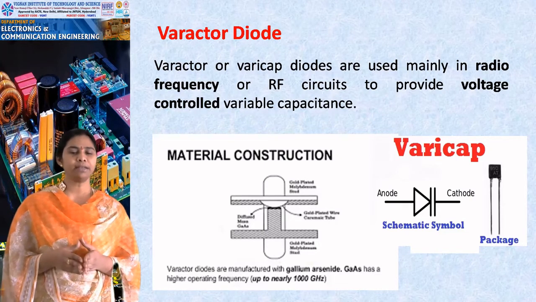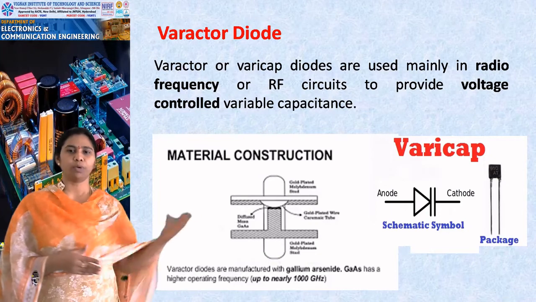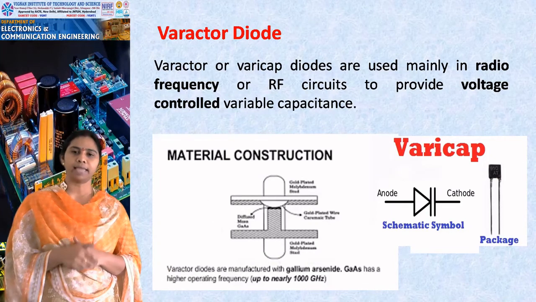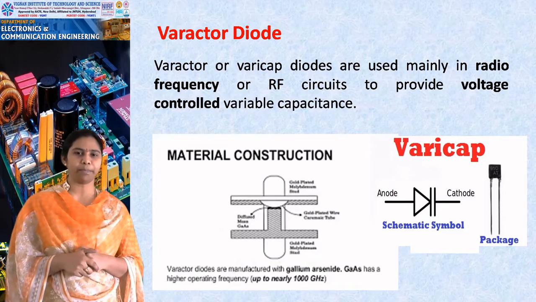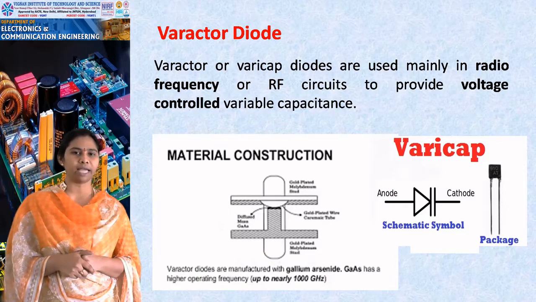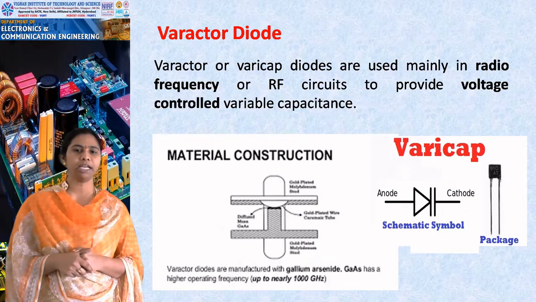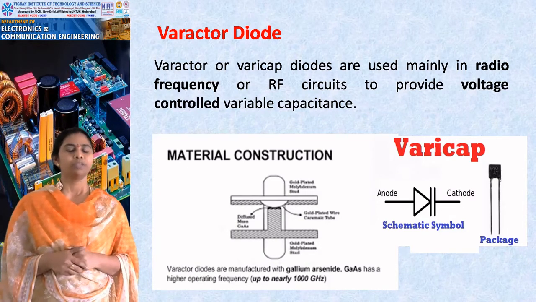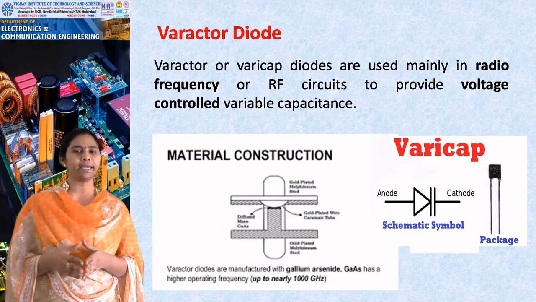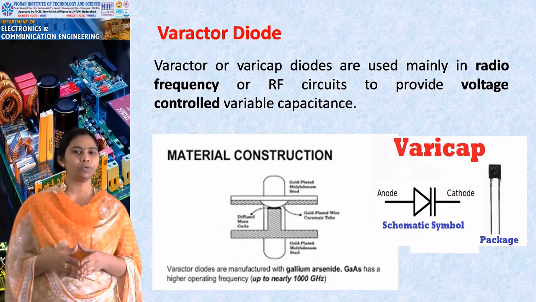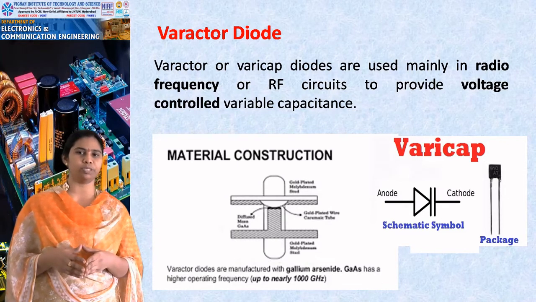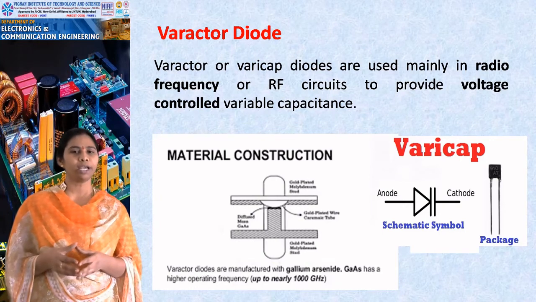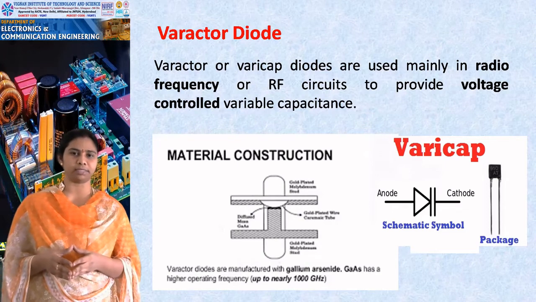The same PN junction type, as you see in the symbol representation, has the anode as P-type material and the cathode as N-type material, but the material used here will be gallium arsenide. Varactor or varicap diodes are mainly used in frequency circuits like radio frequency circuits to provide voltage controlled variable capacitance.